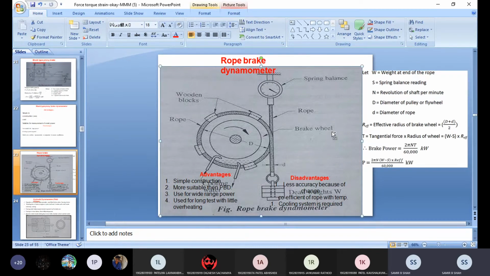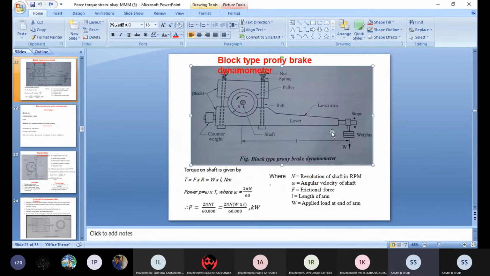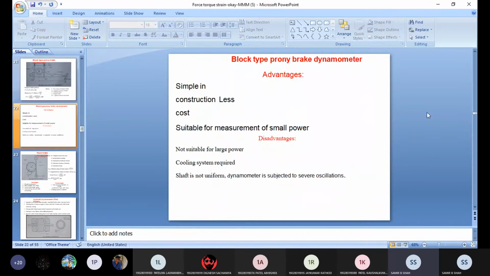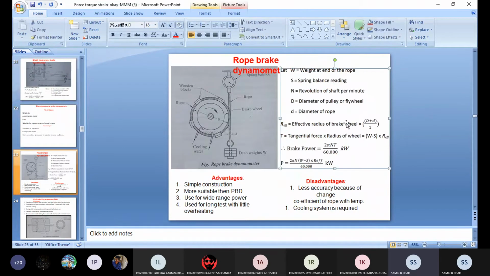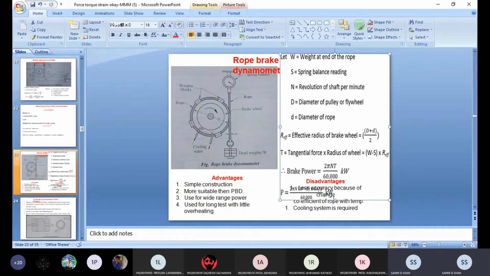Now let's talk from the equation point of view.